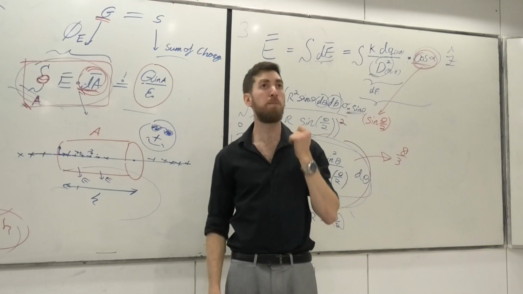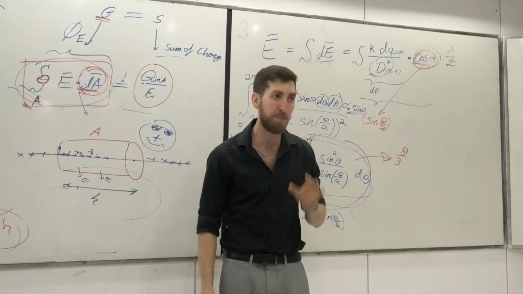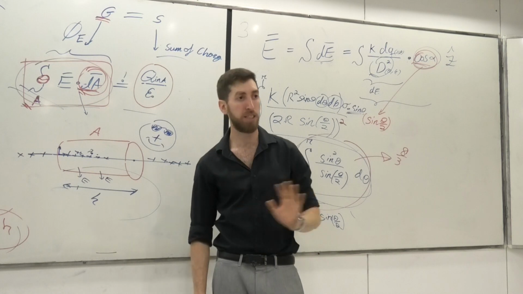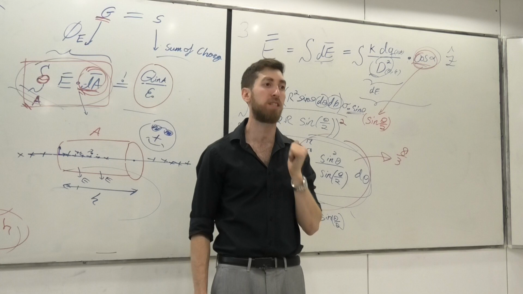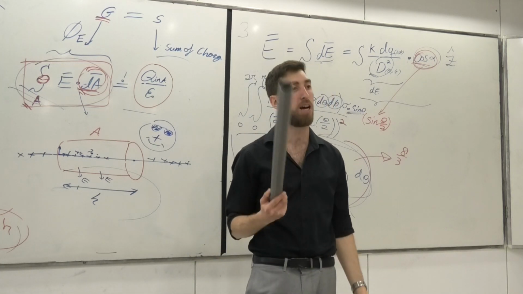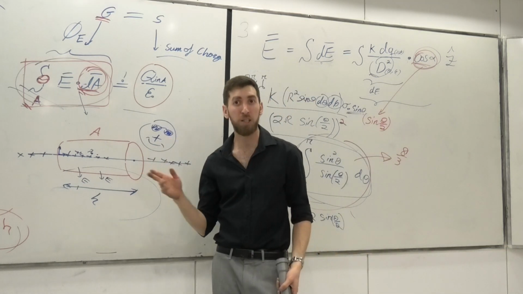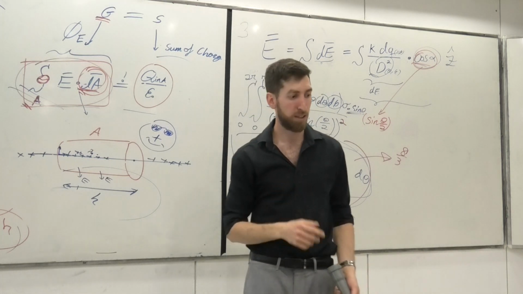Thank you, Gauss, for making the math easy. I know you don't believe me at the moment, but trust me, Gauss makes life easy. You don't want to do what we did in the previous question every time, trying to calculate this phenomenon with Coulomb's. You don't want to die. It's really hard. But with Gauss, it's going to be two lines. One line maybe. The epsilon is a constant.